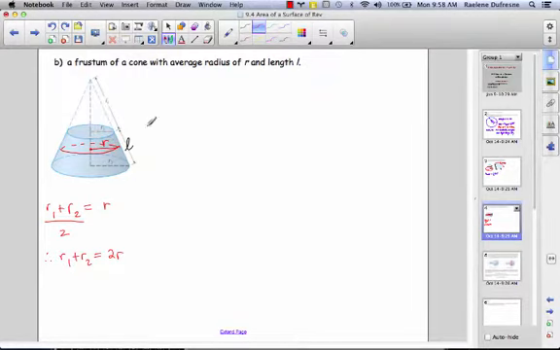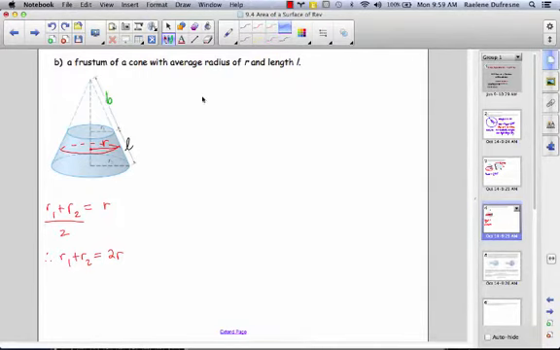In the meantime, we're going to refer to the frustum as being extended to a full cone, and we're going to let the smaller cone that's missing, when we subtract the missing piece of the cone from the full cone to get just the frustum, I'm going to refer to this slant length as, I think I'm going to call it B. And so we have r1 and B are the dimensions of the small cone, and the radius of the big cone is r2, and the slant length is B plus L. So remember, our goal was to come up with the surface area of this band, of this frustum of a cone.